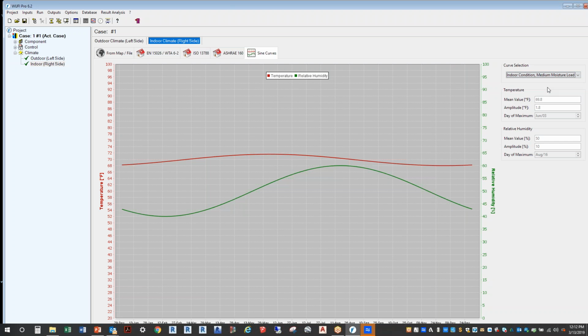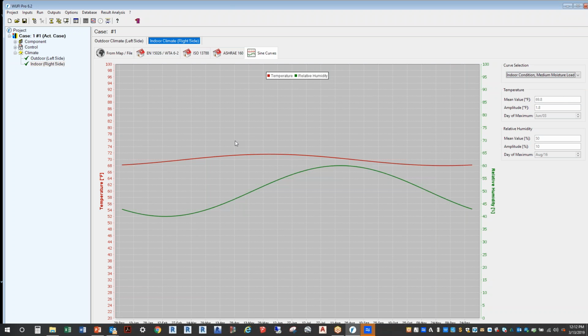I'm going to use a medium moisture load. You would just use common sense, or you could look up some ASHRAE standards, and they would give you a range of temperature and humidity over a 24-hour time frame.